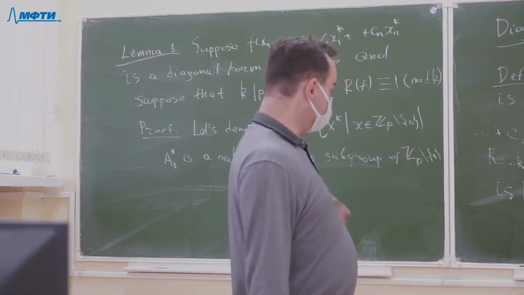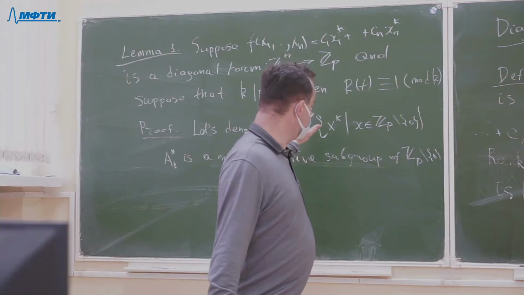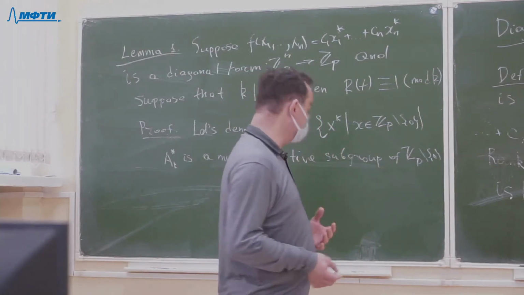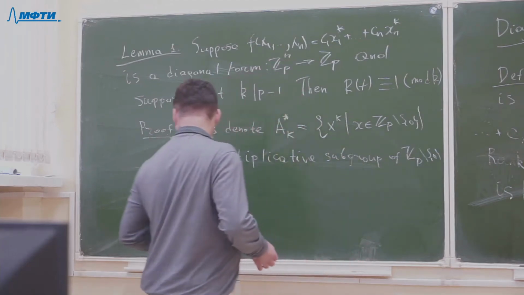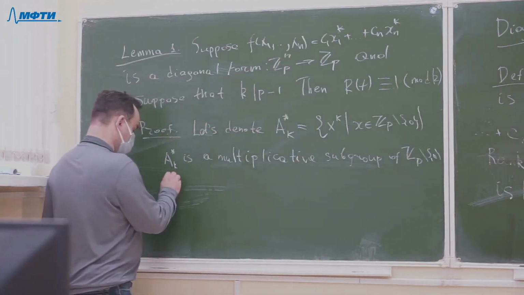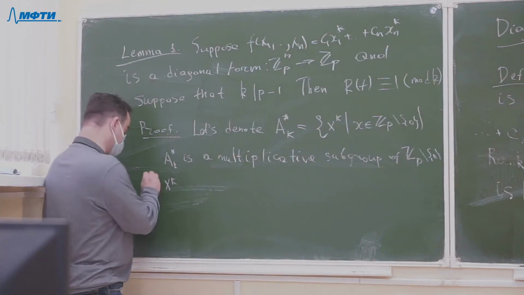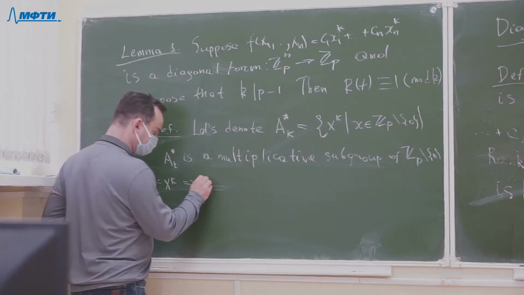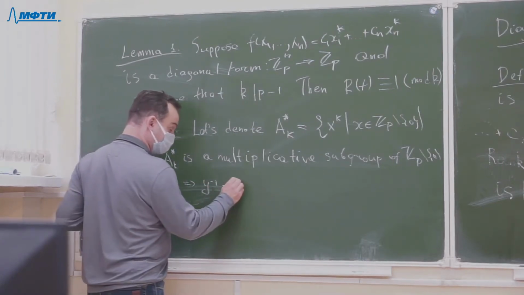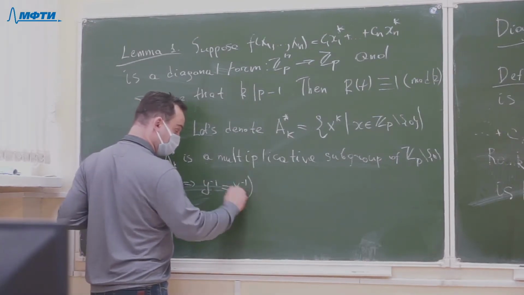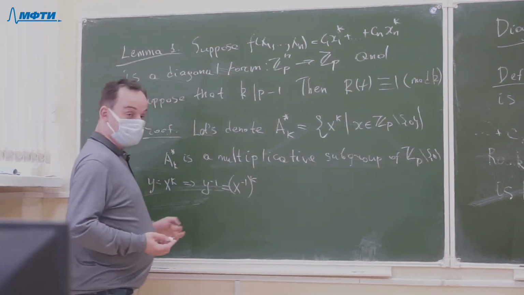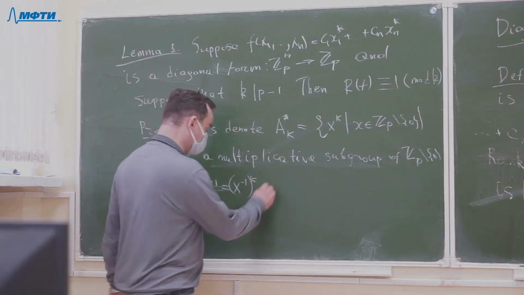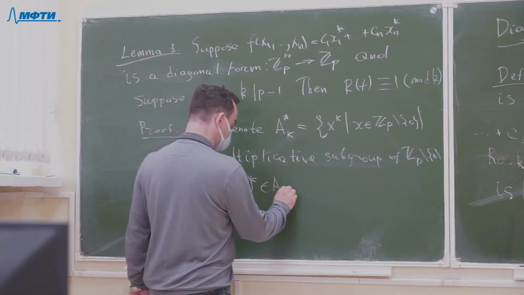And if x is in the subgroup, then its inverse is also. If x is representable in the form a to the k, then its inverse is representable as a inverse to the k, which is also inside A_k star.